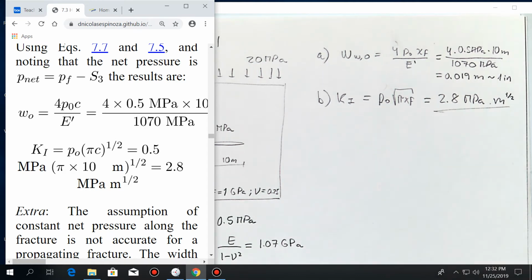And do you remember what I told you the typical values of fracture toughness are? About 2, and most rocks will have even less.